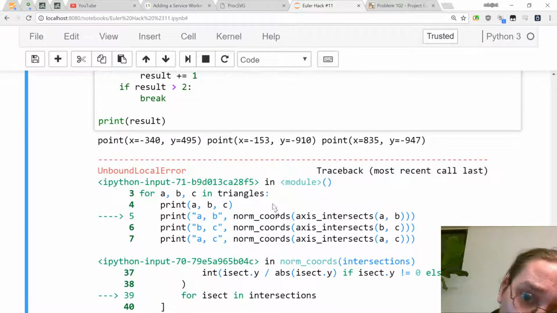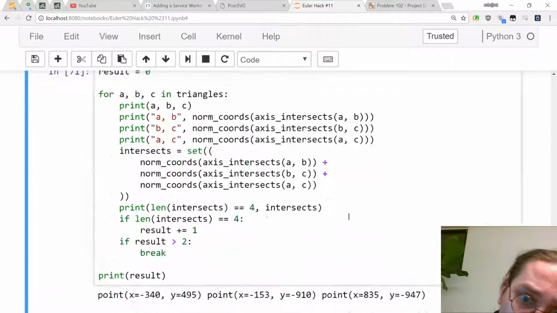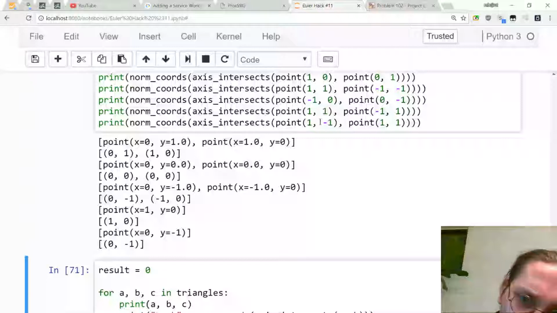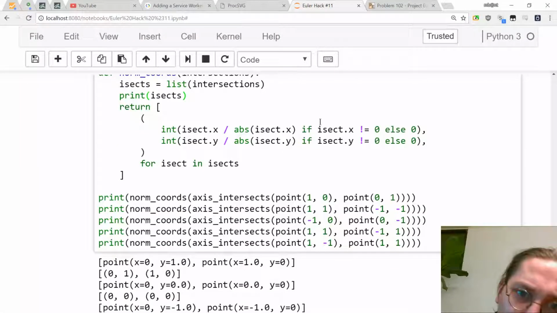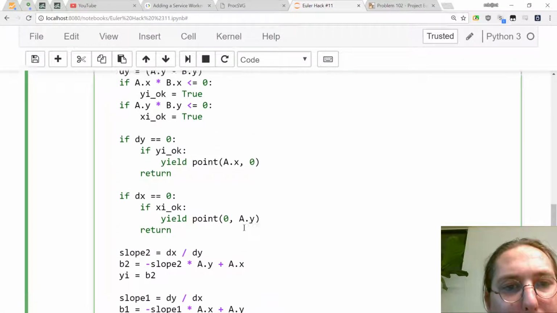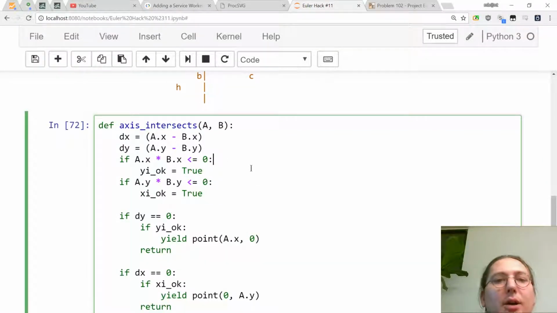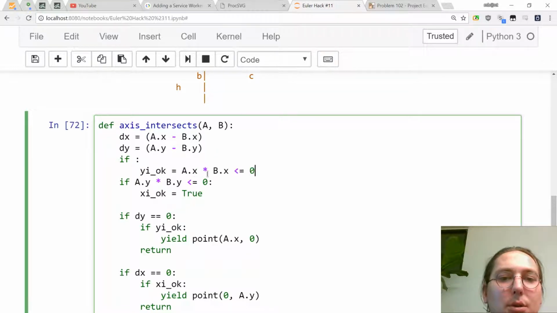So the very first, I guess, axis intersects AB. What the? Why is this? Maybe because it just returns nothing. Oh no, yeah, I never set this to false in the other case. Ah, yeah, so I guess I just do this.